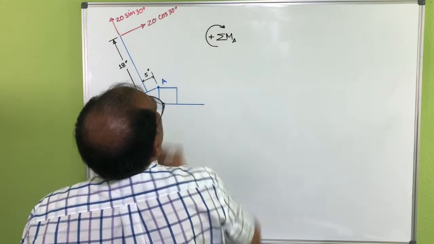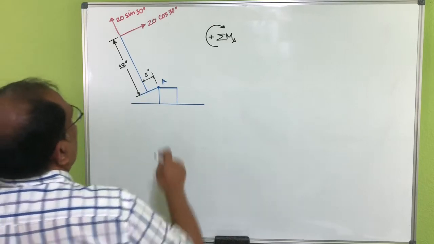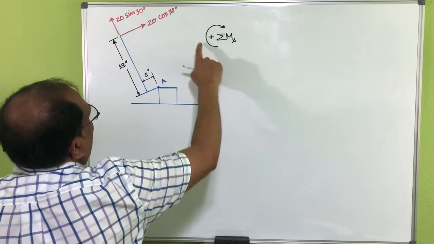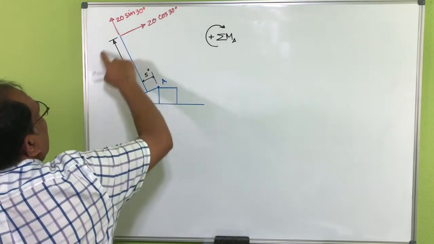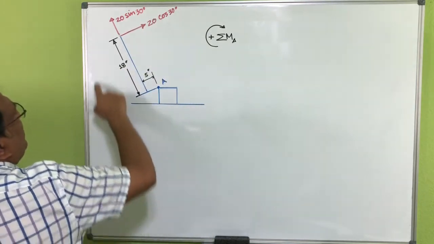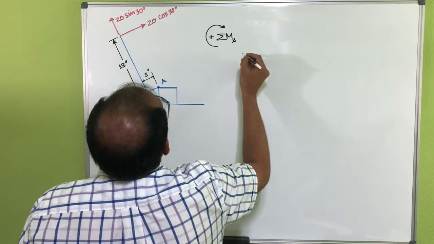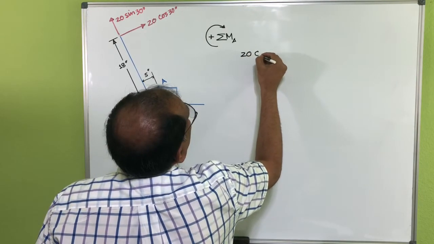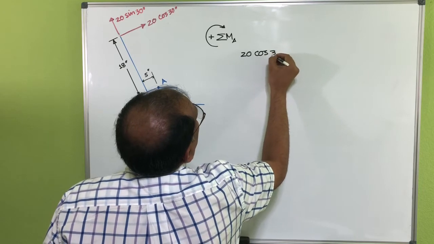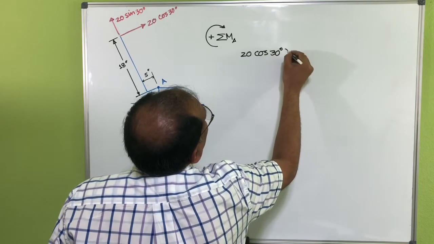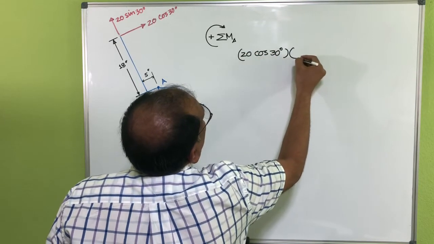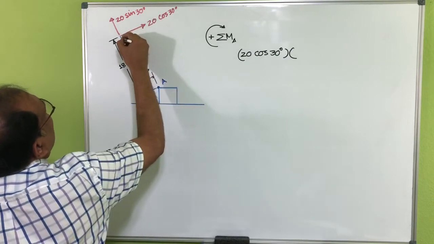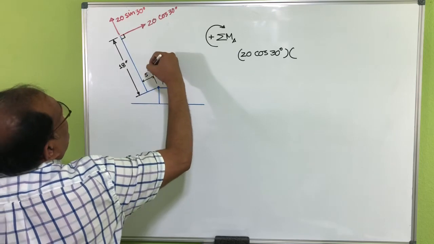If I think about point A and this one, you can see this one can rotate like this, clockwise. So that would be 20 cosine 30 and the distance. So the distance from here to the line of action, actually the same distance here, right?